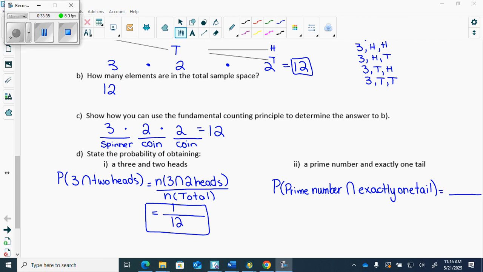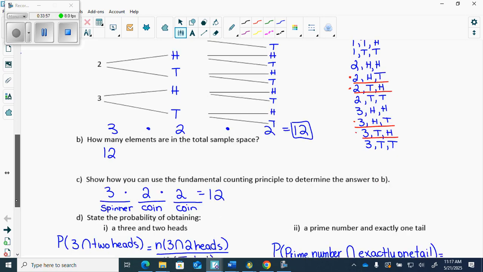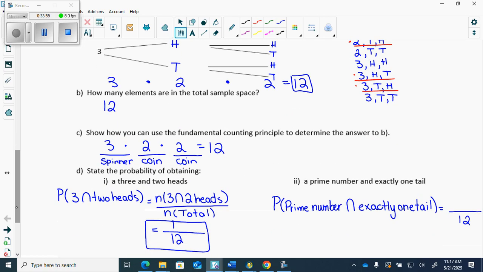Did the total change? No, so that's 12. We need to find the ones with a 2 or a 3 and exactly 1 tail. So that's why outcomes listing is better. So we need a 2 and exactly 1 tail. So this one, not that one. And then a 3, this one, and this one. So how many are there? 4 out of 12, which reduces to 1 over 3.